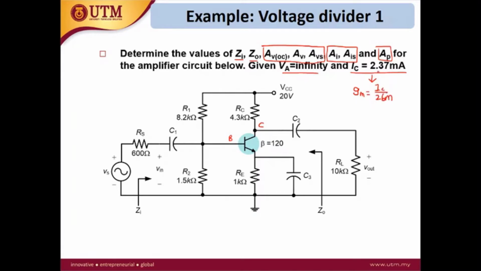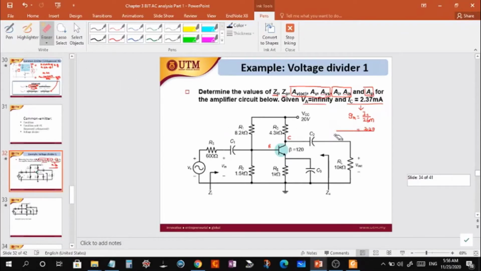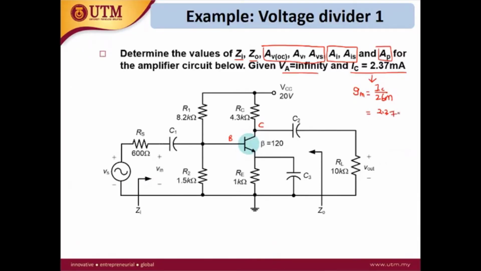If IC is 2.37 milli, that means gm is 2.37 milli over 26 milli, which is equal to 91.15 milli, and the unit of gm is Siemens, capital S.